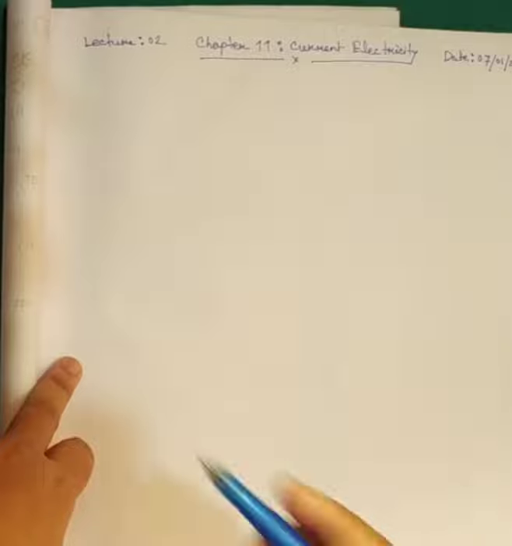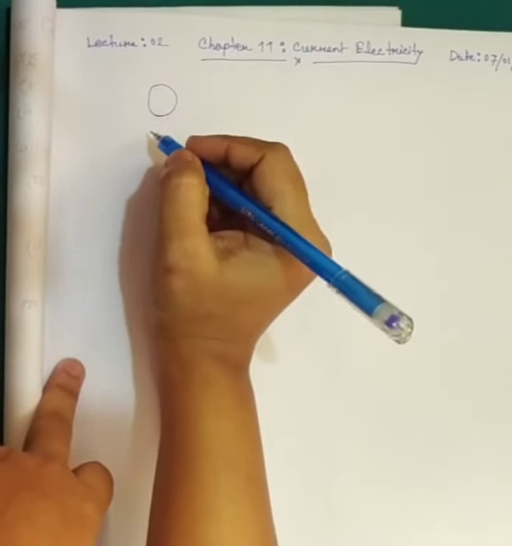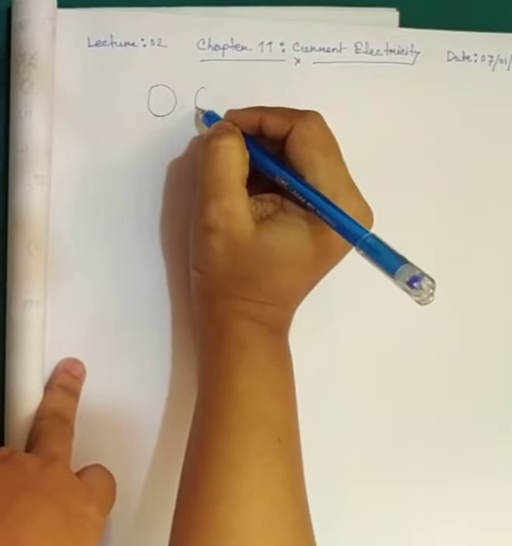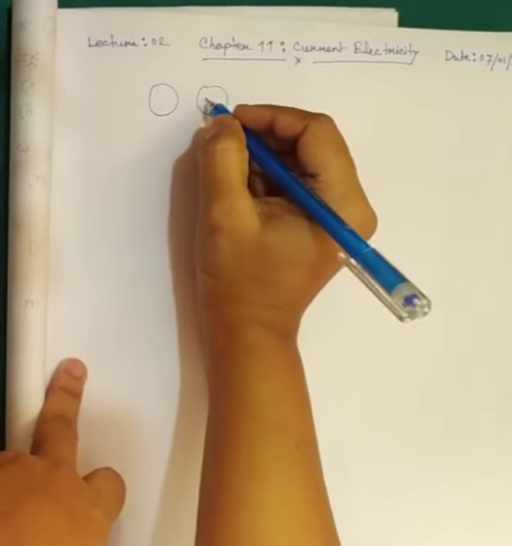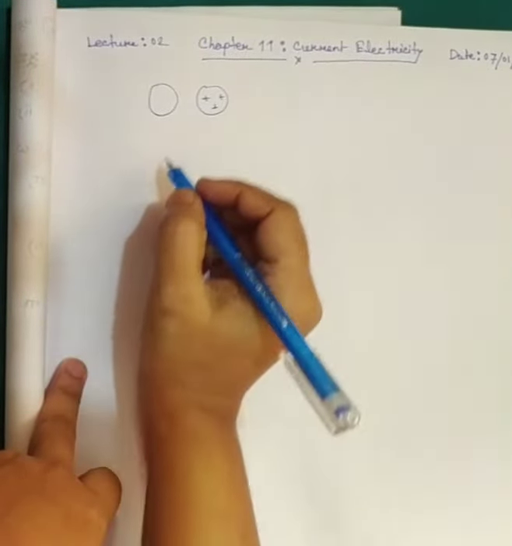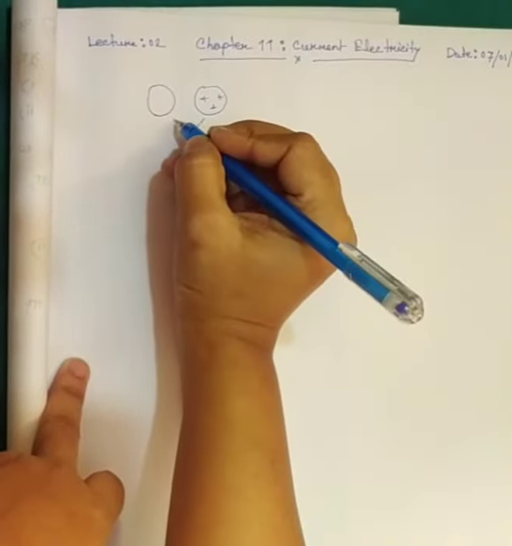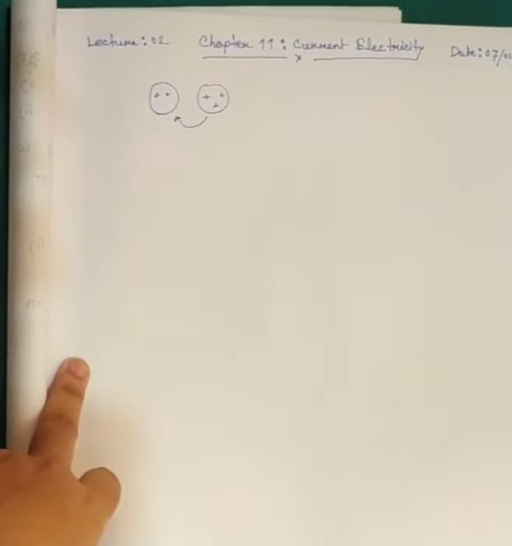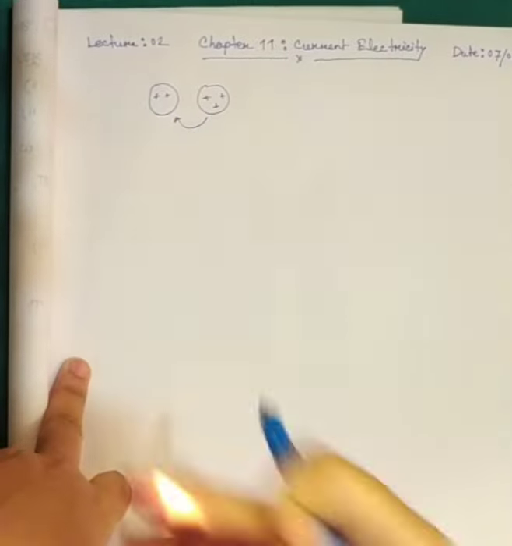Whenever a chargeless object is brought to a charged particle and they are rubbed together, some charges from the charged particle move to the chargeless one, and thus the charge neutral object gets some charge.